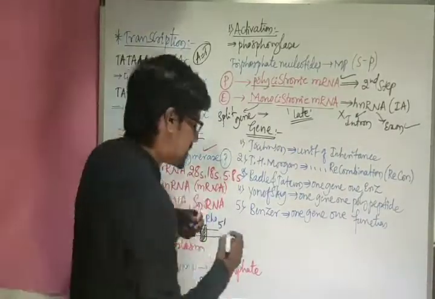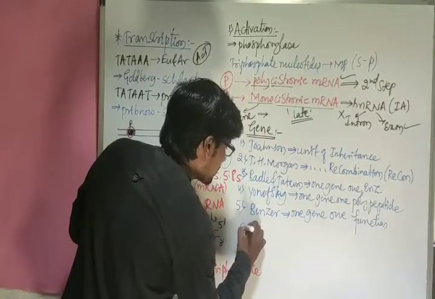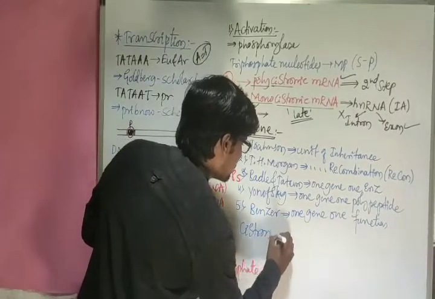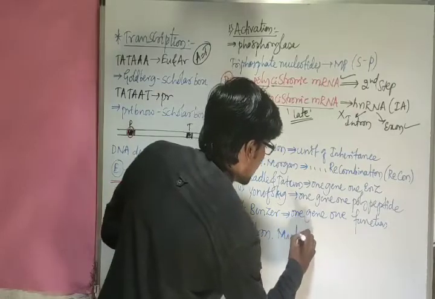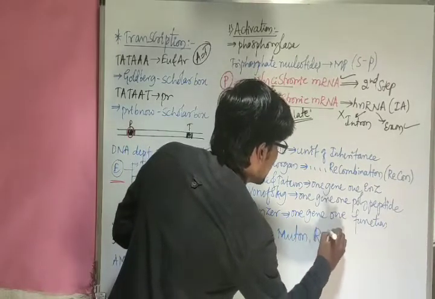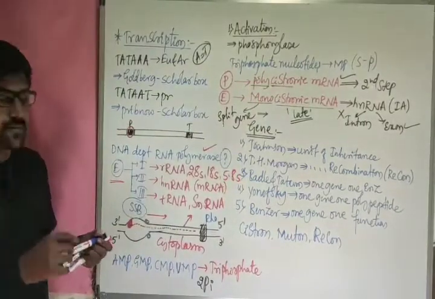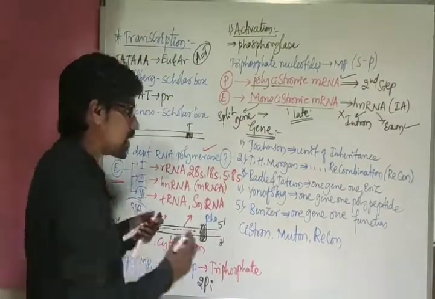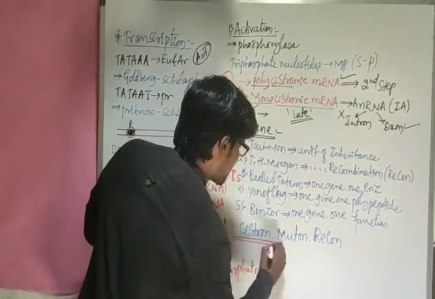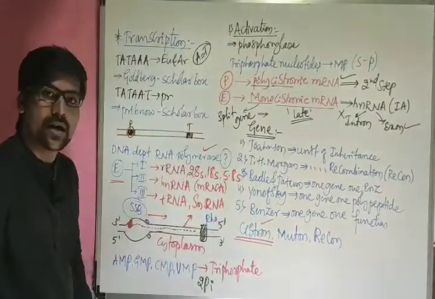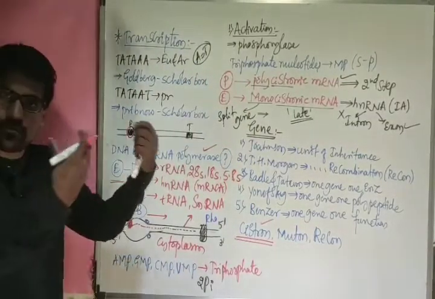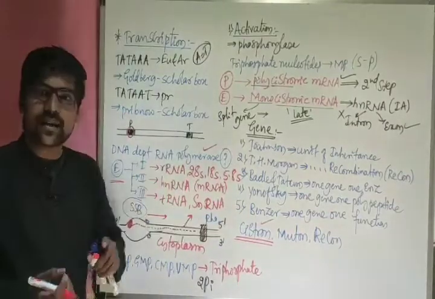And the same scientist gave some other terms: cistron, muton, recon. These are different names for a gene. Cistron means the structural gene, which produces the mRNA that produces a polypeptide chain that is modified into an enzyme. So that gives one character.